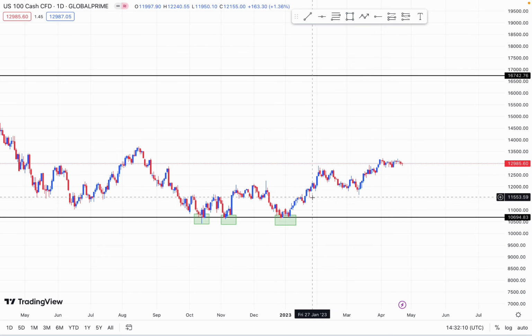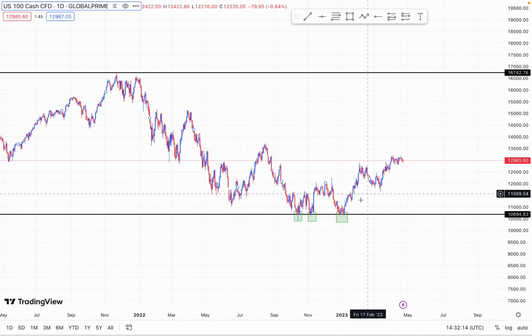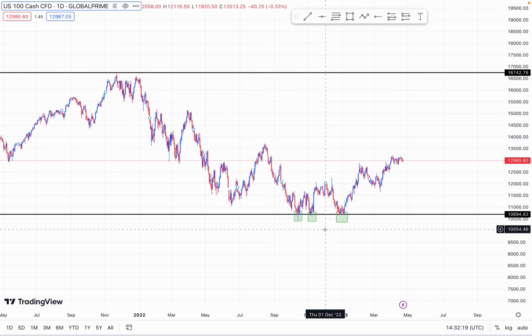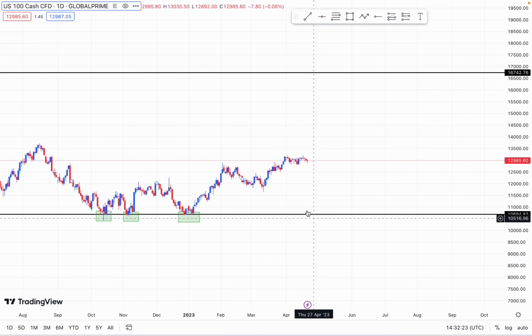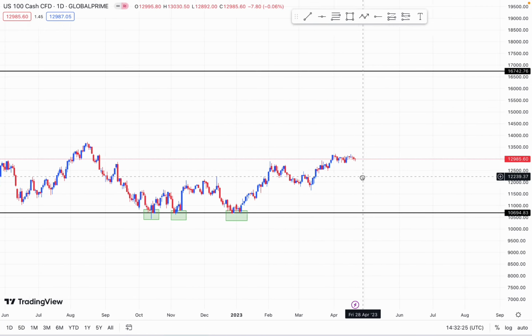Cool. So now that we've got that out of the way, we know that we have a newly formed uptrend. Now we need to start looking for potential areas where we can find entry points, right? So moving in, we have a continuation flag here.